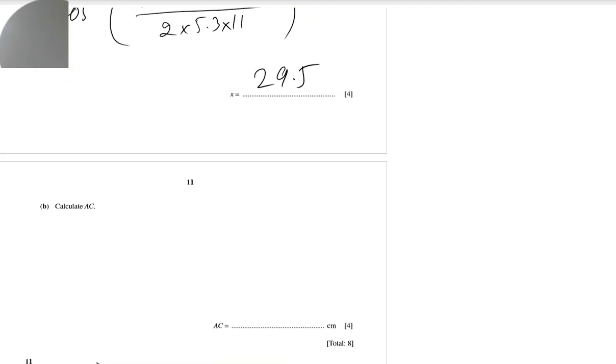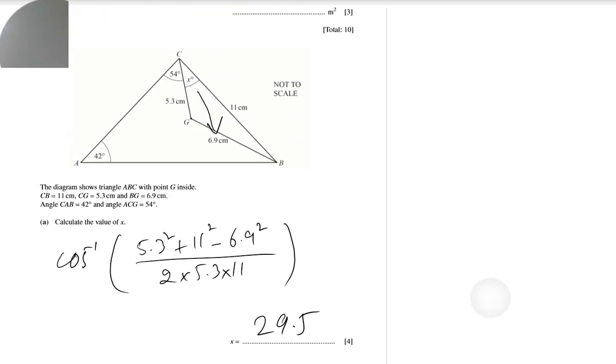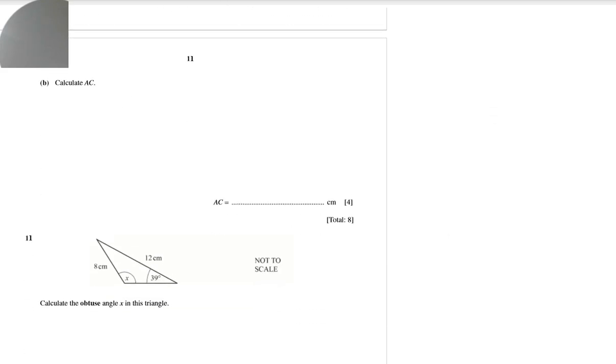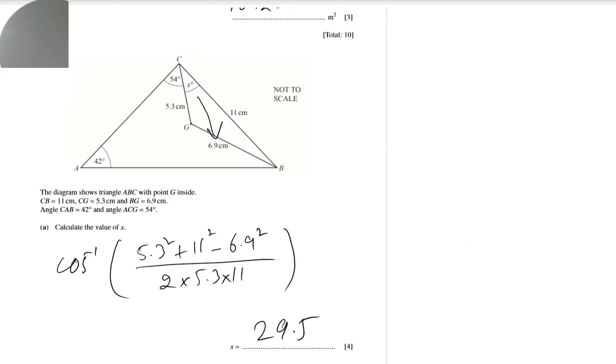AC, this thing. I have this angle, I have this side. I need this angle if I want to use the sine law. How many marks do we have? Talking about 4 marks.